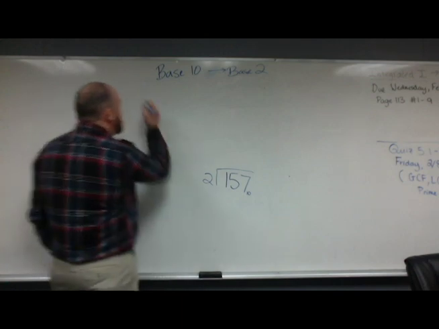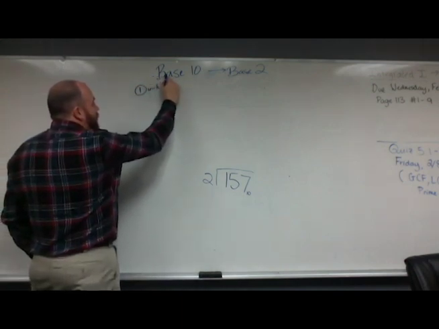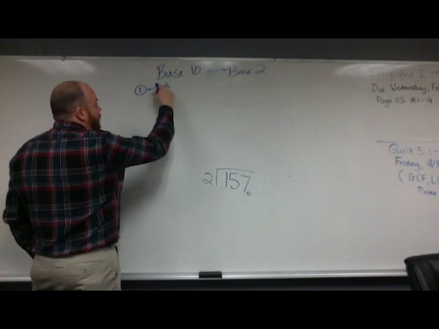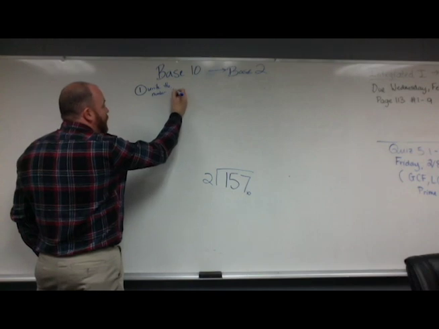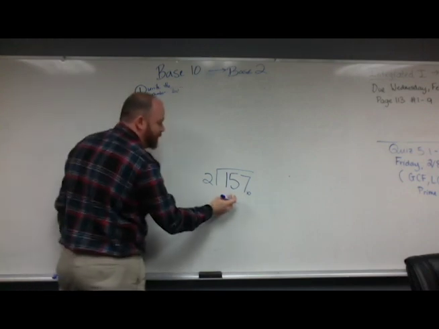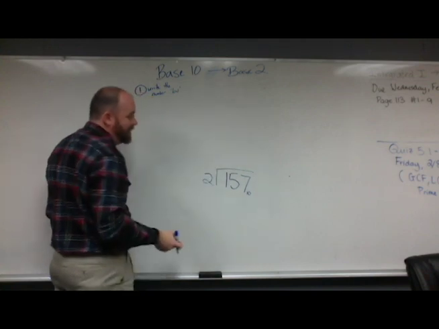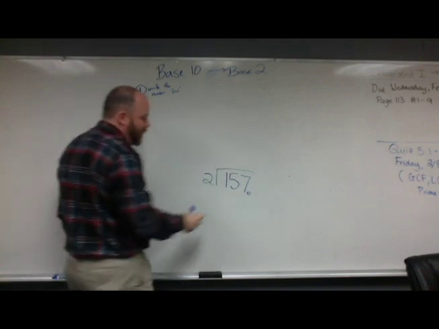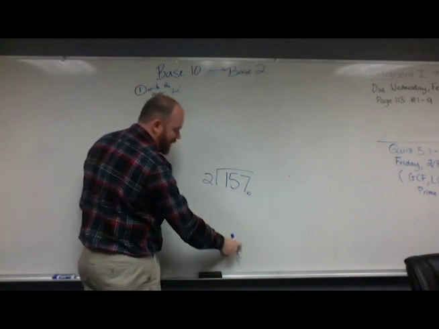Now, step number 1 to do this is write the number. All I can say is write the number low, because I am going to do something where I'm going to divide, and when I divide, I go upwards. Now, some people, they just have taken this and they said, oh, well, what if I just write the answer to this problem underneath it, and that way I can work down.